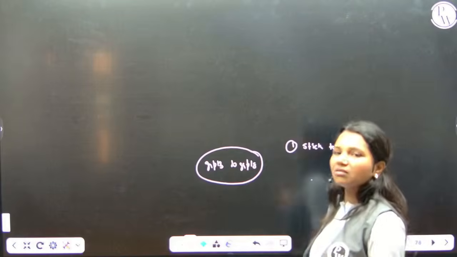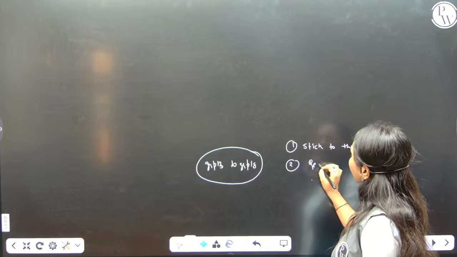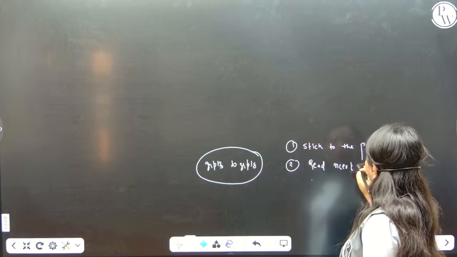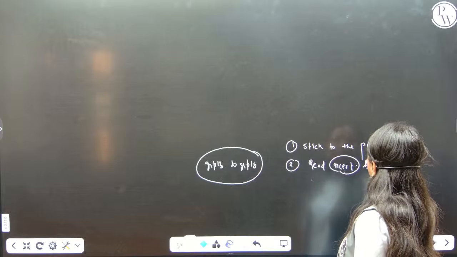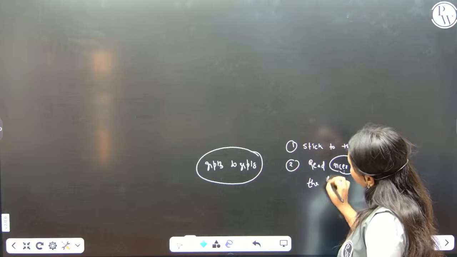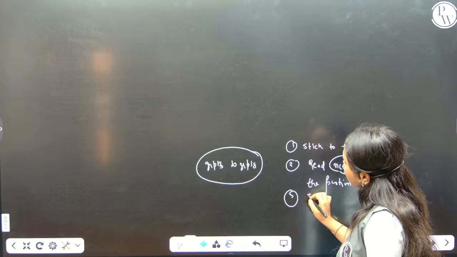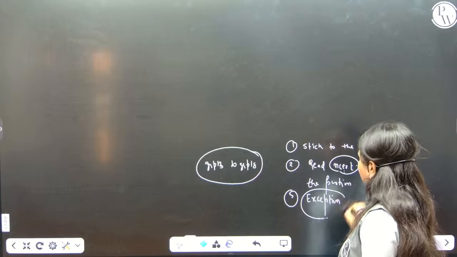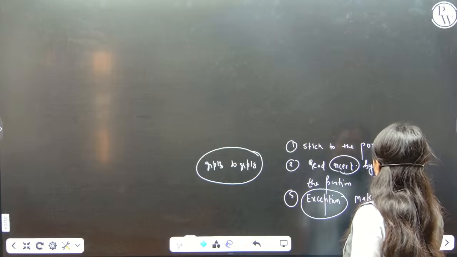Do not just read random stuff, and read NCERT by following the portion. Okay. Then remember the exceptions. Wherever there are exceptions, make a note of them.